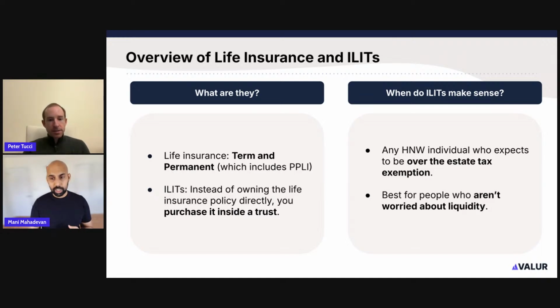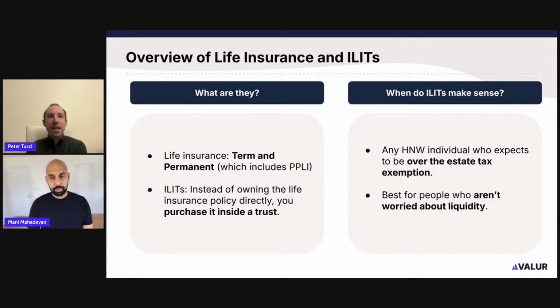Now, let's get into what an irrevocable life insurance trust is, Peter. Yeah, the name is actually pretty descriptive. It's an irrevocable trust that you create in order to hold life insurance. It has provisions specific to the life insurance statute, the part of the estate tax laws that covers life insurance.